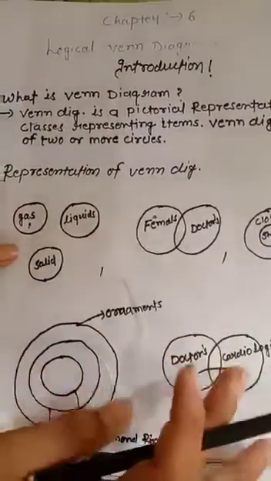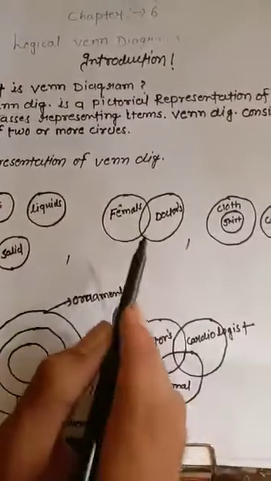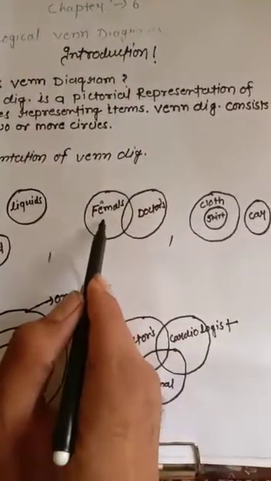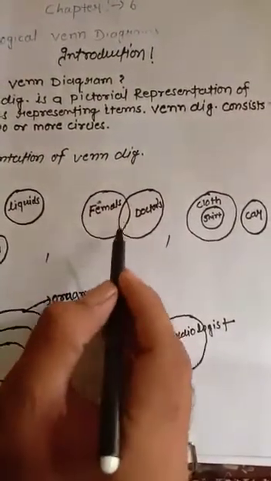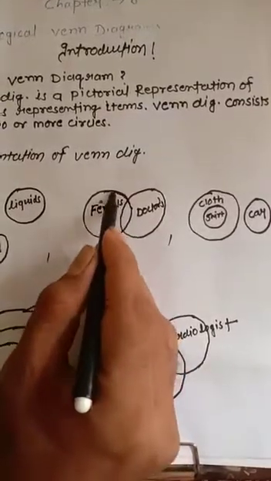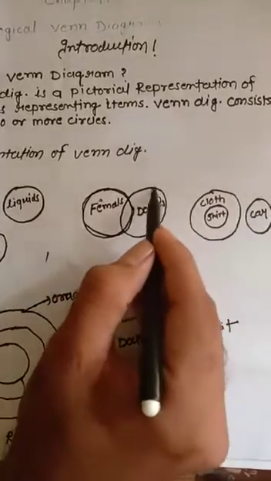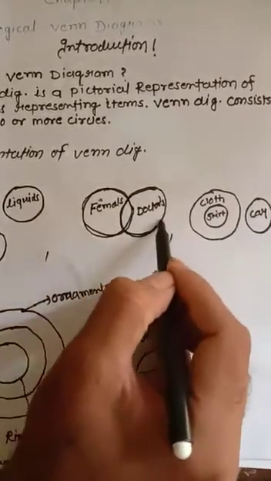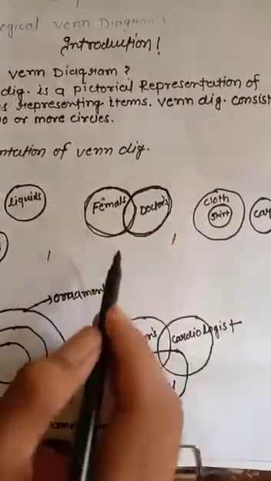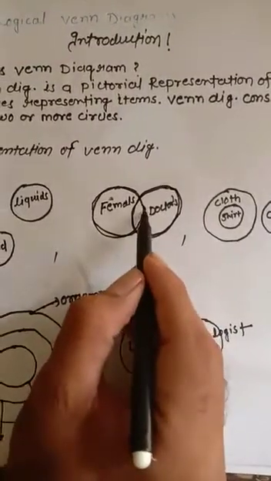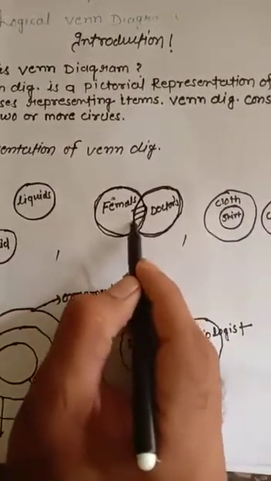Now come to the next one. Here I mentioned another Venn diagram. It represents female and doctors. Some part of this circle is involved in some part of this circle. That means they are intersecting each other. Why are they cutting, and what is this part?